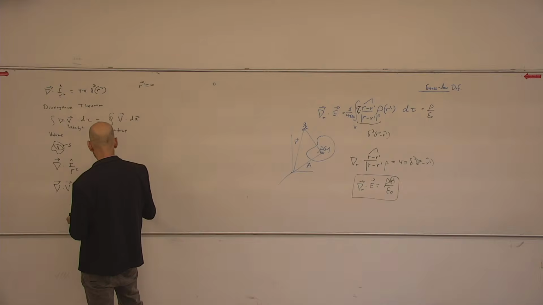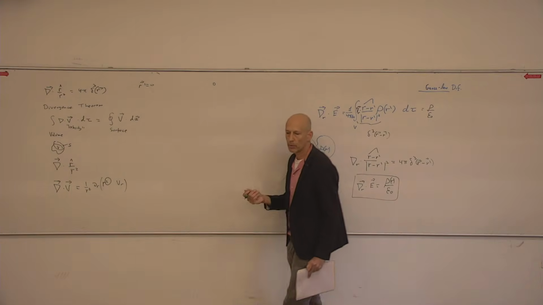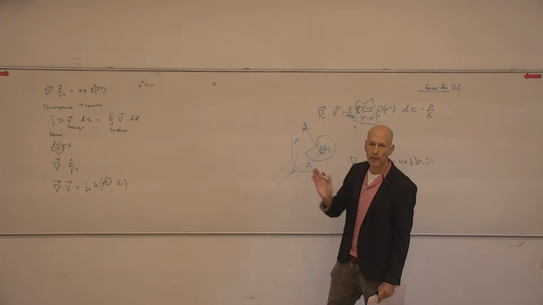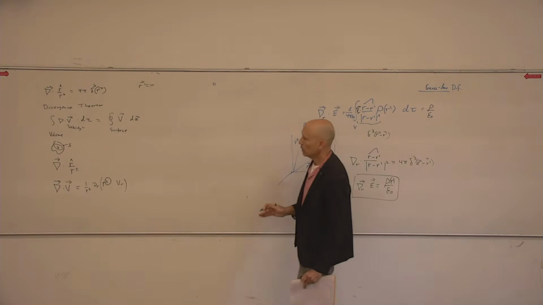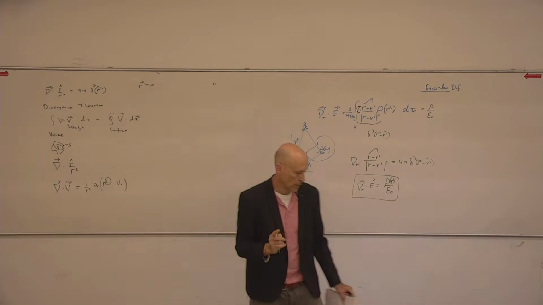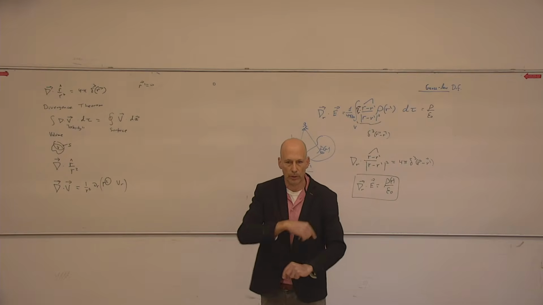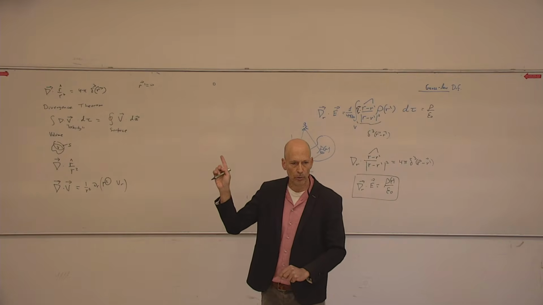V of r. What is V of r? V of r is the component of the vector v in the r direction. The vector v has three components in spherical coordinates: the r direction, the theta direction, and the phi direction. Shall I write it on the board, or do you remember this?